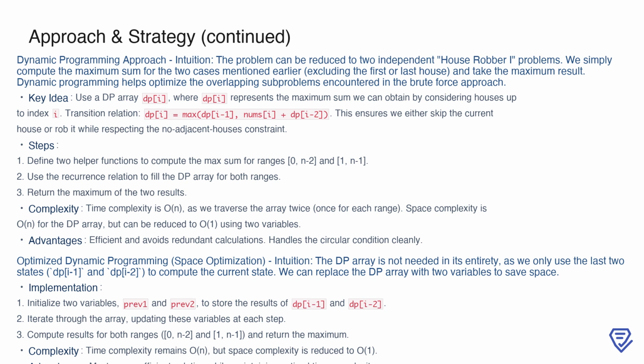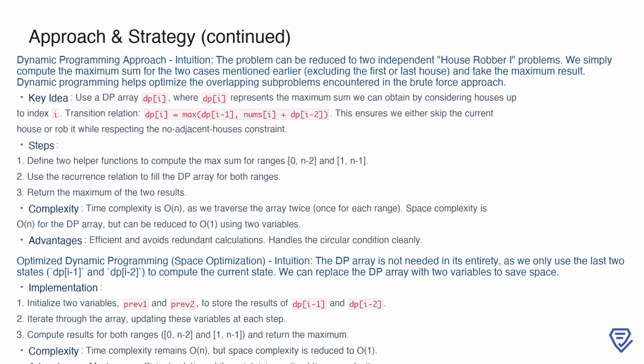Here, we define a DP array, where dp[i] represents the maximum sum obtainable up to house i. The relation dp[i] equals max(dp[i-1], nums[i] + dp[i-2]) ensures we either skip the current house or rob it while avoiding adjacent robberies. We then compute the results for both ranges and return the maximum. This approach has a time complexity of O(n), as each range is traversed once, and a space complexity of O(n) for the DP array.